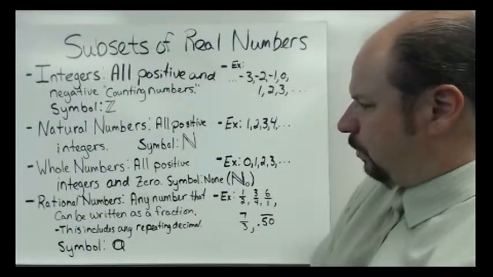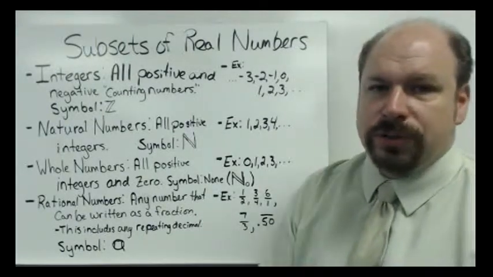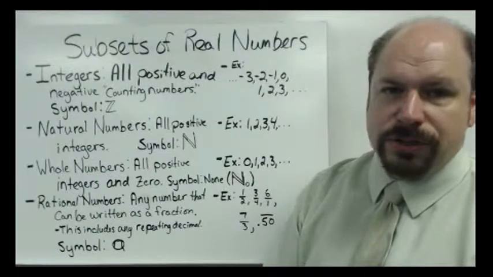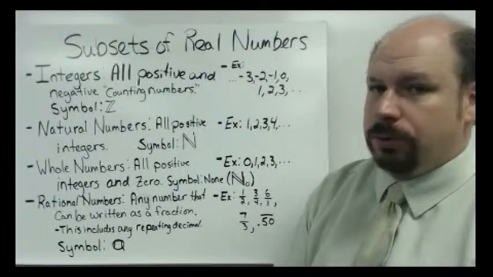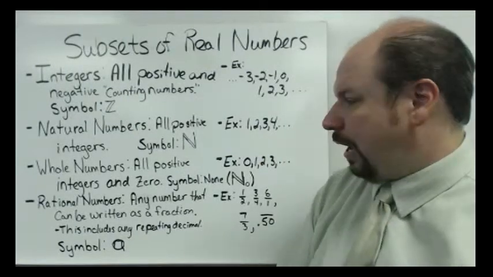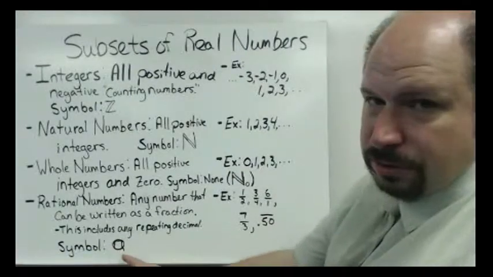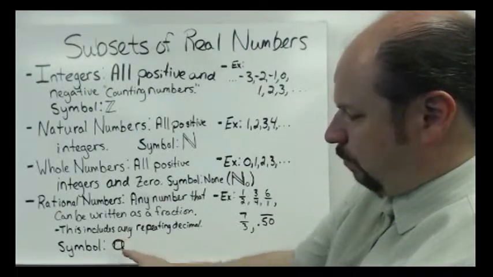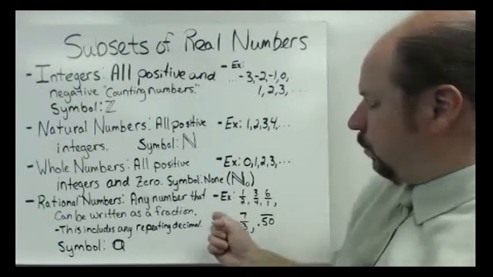Rational numbers are any number that can be written as a fraction. And these are going to be fractions; repeating decimals are also considered rational numbers because we can write a repeating decimal as a fraction. And our symbol for that is this letter Q with the bars on the side here. So I can't list all of the rational numbers.